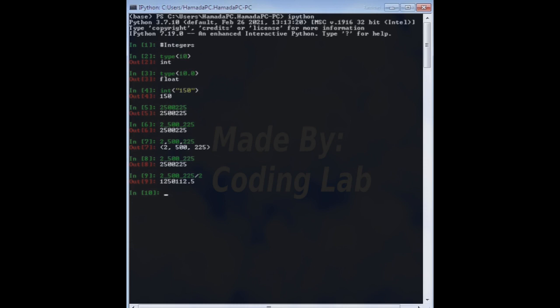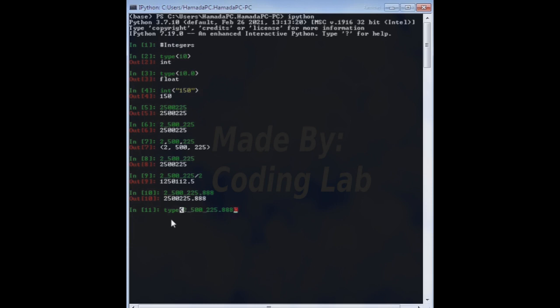We can use also float large numbers by using underscores, like here, the same large number with .888. So it's not a problem, we just use the underscores for easy reading.